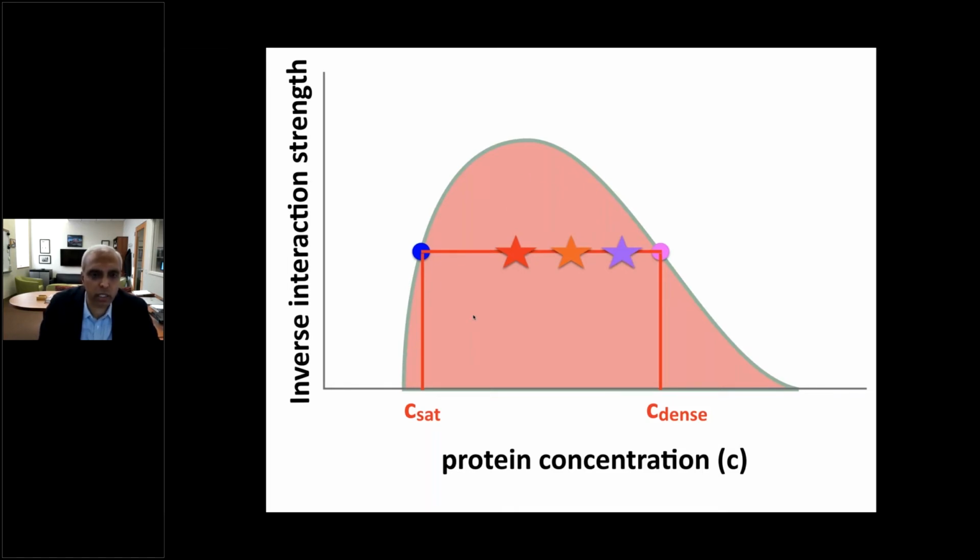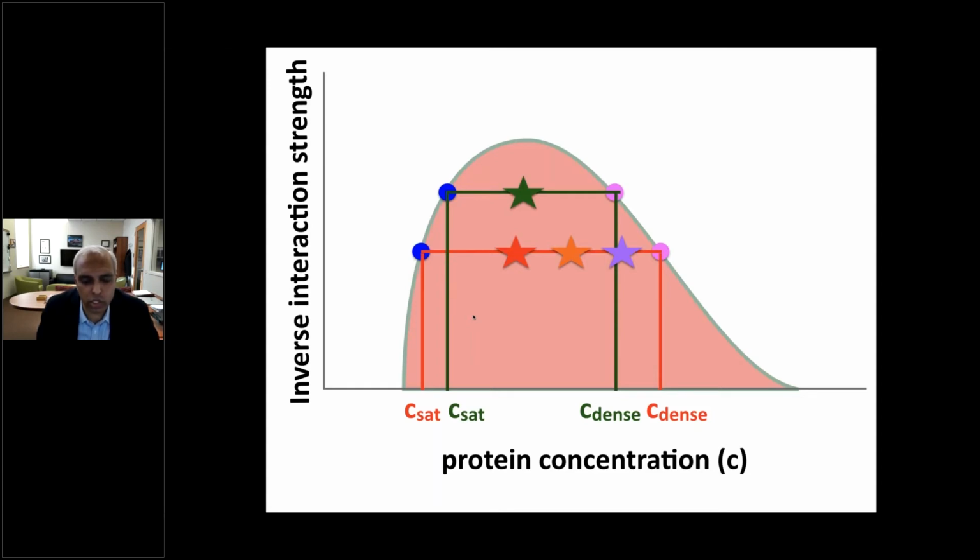Now, should we change the interaction strength, so now we have a new set of solution conditions, we have different values for Csat and C dense. So the saturation concentration clearly changes as we change our interaction strength. In a binary mixture, the defining attribute of a system that undergoes phase separation is the presence of this concentration threshold we refer to as Csat, or the saturation concentration, which is the concentration of the protein in the dilute phase that coexists with the protein in the dense phase.